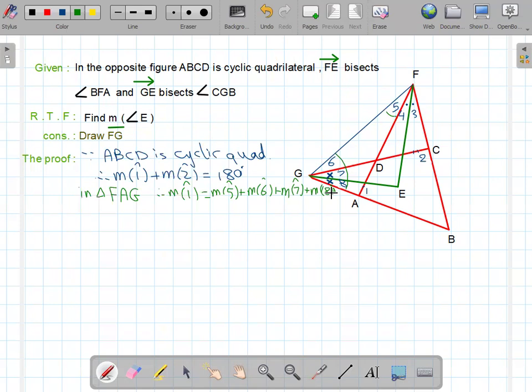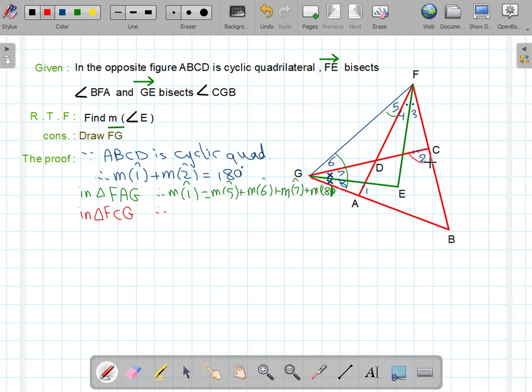Now, also in the triangle FCG, 2 is external of this triangle.